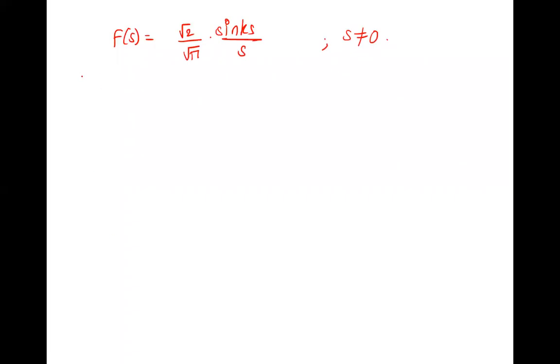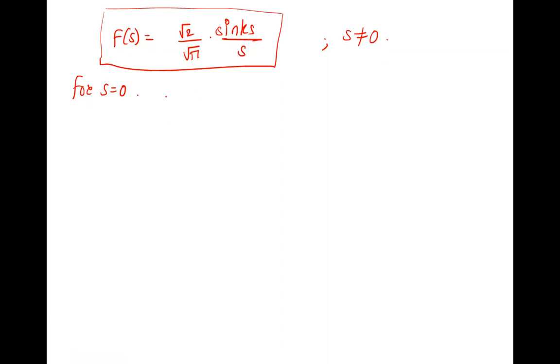So we'll have to solve it separately for s equal to 0, because this value holds everywhere except at s is 0. If you don't check, that is also okay. This is your required Fourier transform, but you should check the value at that point.